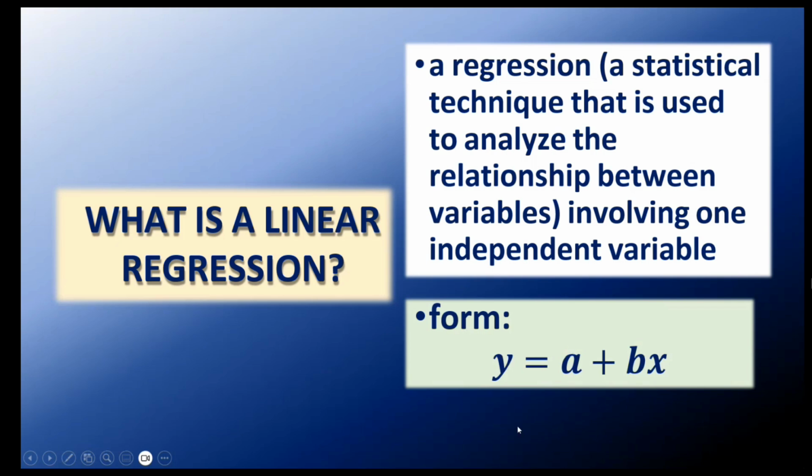So if we are going to use an application in determining the linear regression, automatically it will give us the values of the a and the b, which later we are going to substitute in this form so that we're going to have an equation.